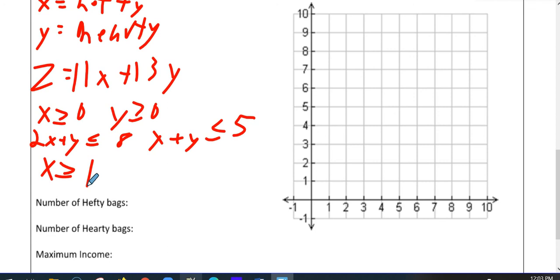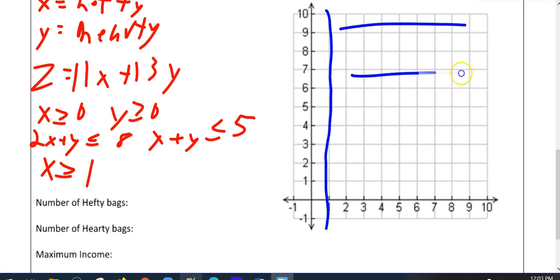And we have that extra 1. So x equals 0. This time it's going to be x greater than or equal to 1. Technically, you don't need this since it overrides it, but it's okay. All right. 2x plus y, 8. Come up to x, y is 8.